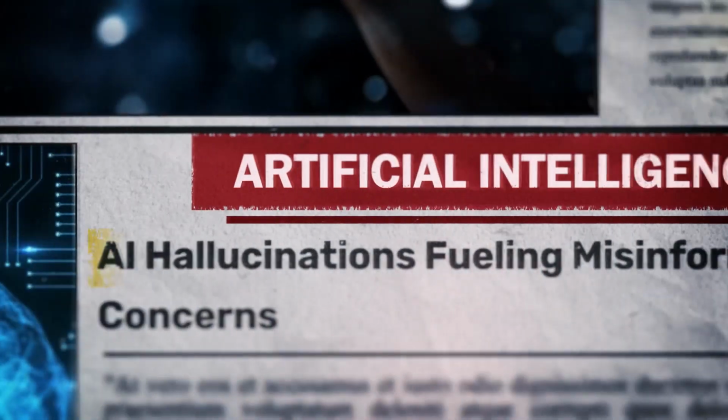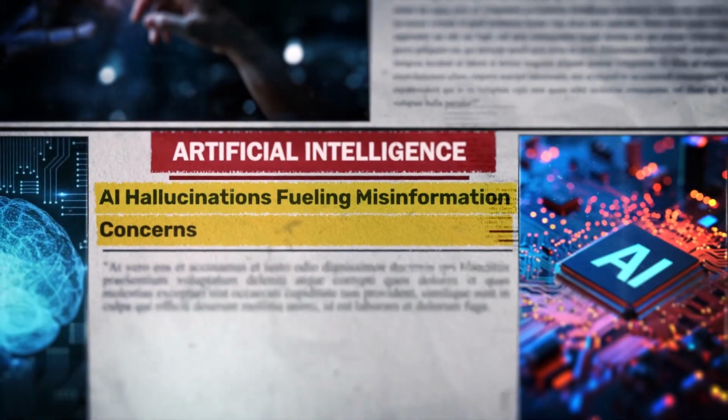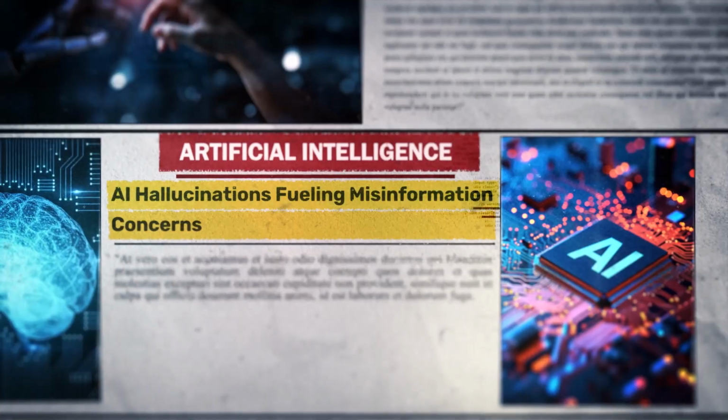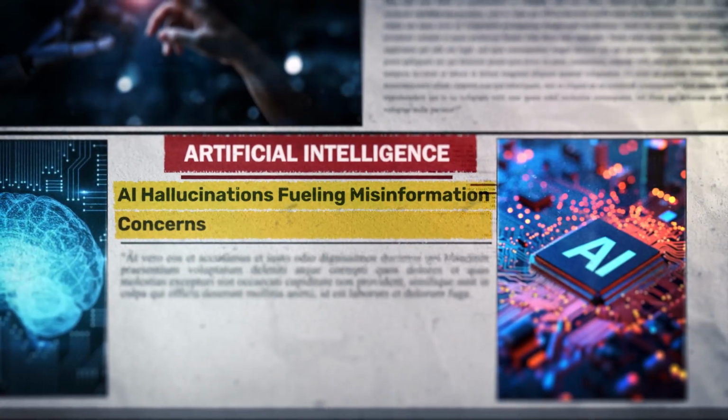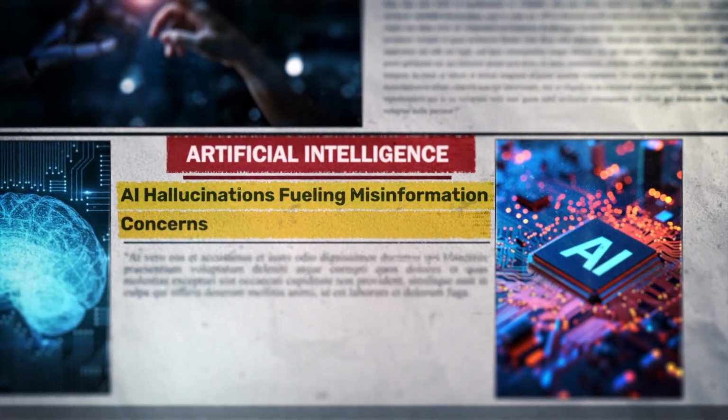Because AI systems and interfaces are designed to mimic the tone and structure of human writing and content generation, and because these systems often speak, so to speak, with confidence, hallucinations are often accepted by users as fact.